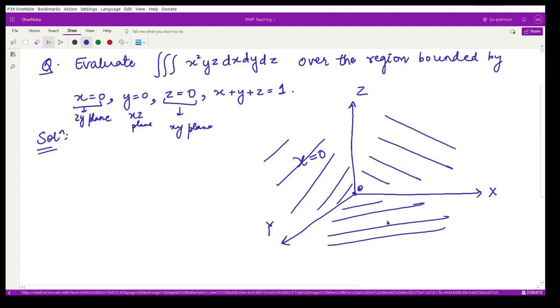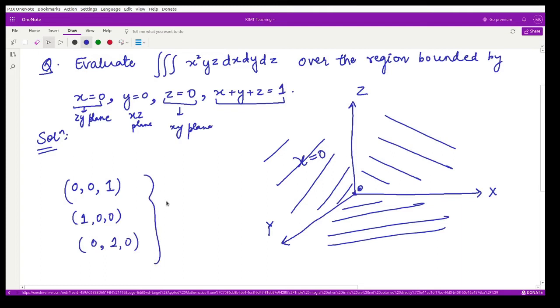So these three planes, and we have this plane x plus y plus z is equal to 1. So obviously, what are the points on this plane? You have one point: when x is 0, y is 0, the value of z is 1. So one point is this one. When x is 1, the other 2 are 0, and when y is 1, the other 2 are 0.